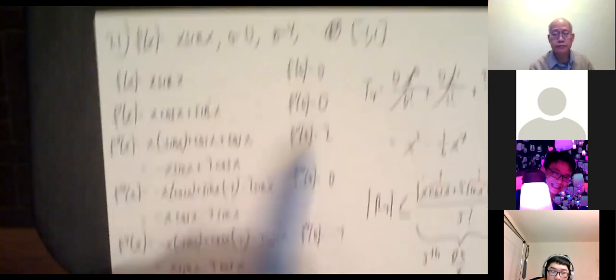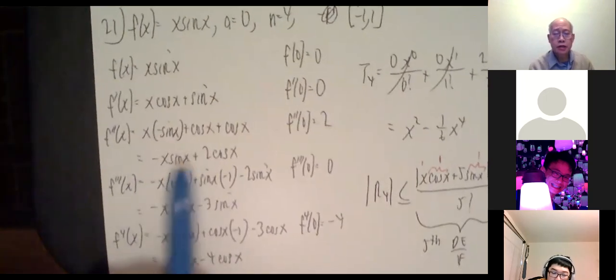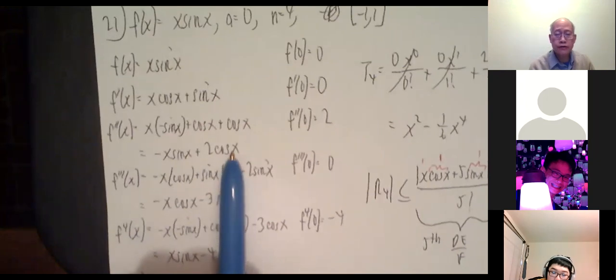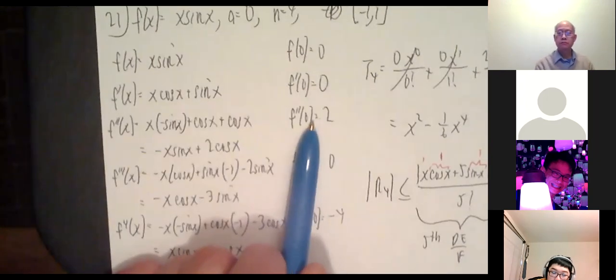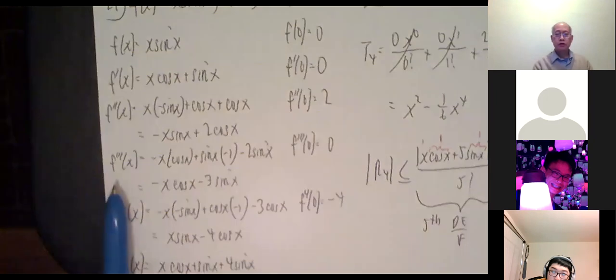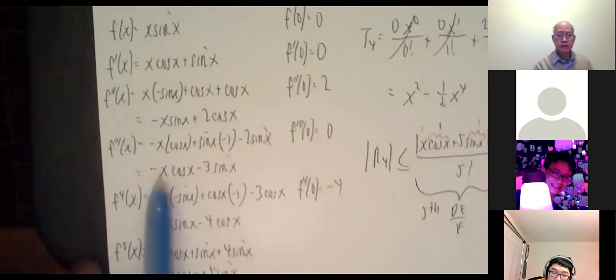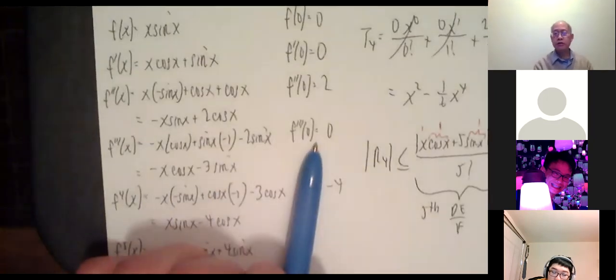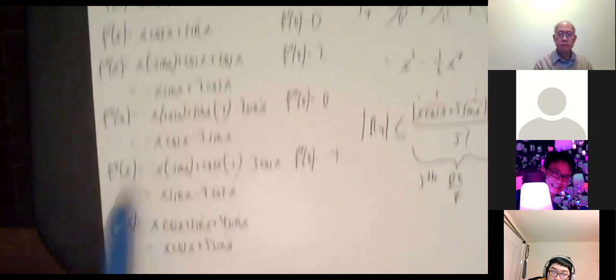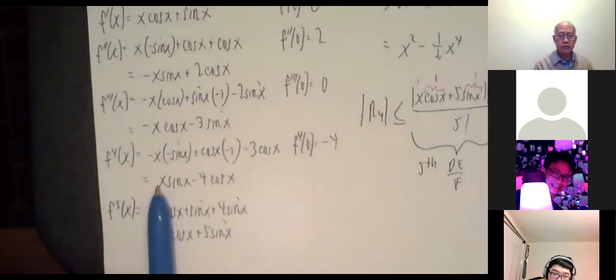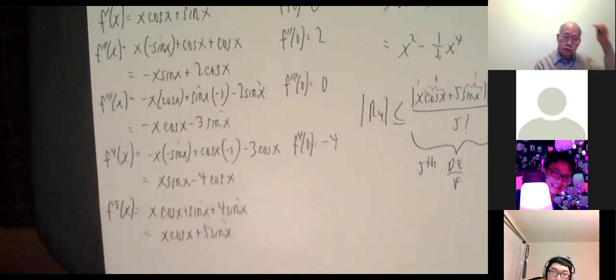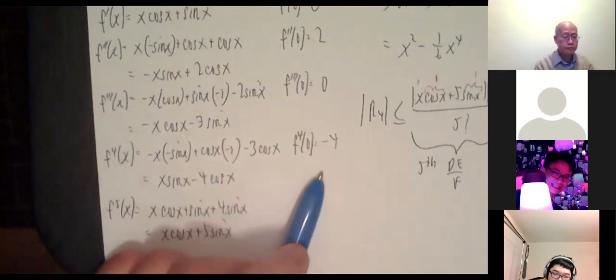So that's also 0. Plug in 0 here, that's gone. Cosine of 0 is 1, so that gives me a 2. Triple prime. 0 here gives me 0. Sine of 0 is 0. A lot of zeros, very nice. Fourth derivative, plug in 0, that's gone. Cosine of 0 is 1, so -4.